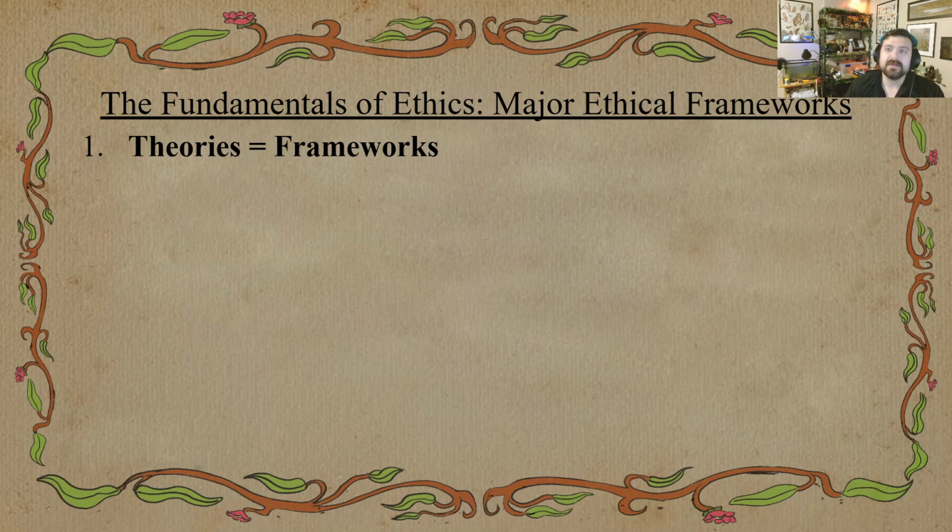But that's what theories do. Okay. Frameworks are basically theories that have been carefully developed and structured and well developed, that we can use as a holistic way of looking at the world and making decisions.